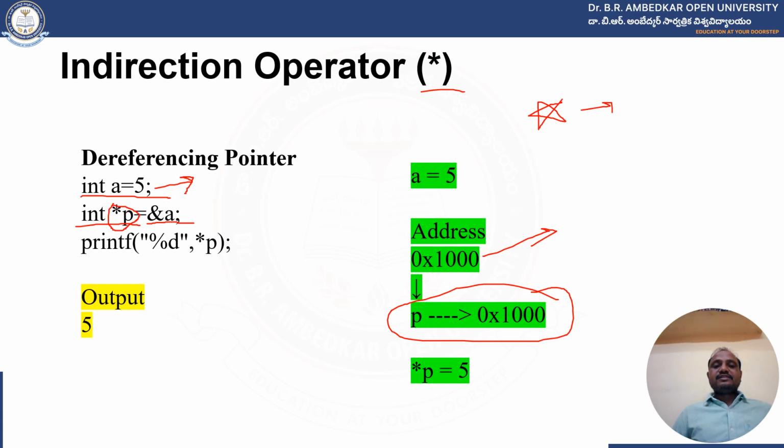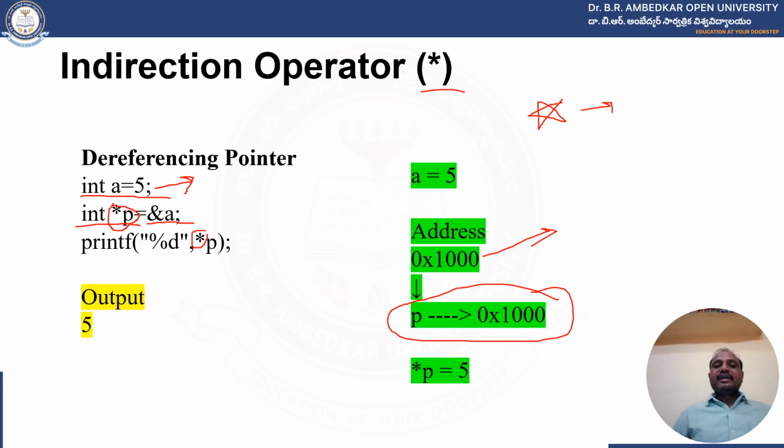Now, what is the purpose of the dereferencing operator? It lets us extract or access the value of that particular variable. Whatever address is stored in the pointer p, some value is stored at that address. To access that value, we use the dereference operator asterisk.